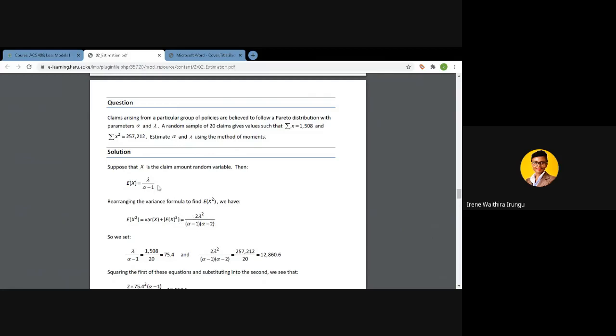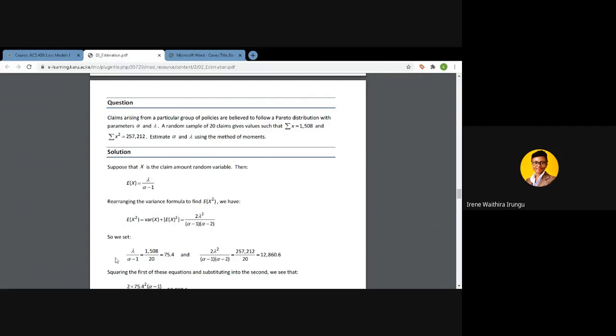So we have our first equation, which is the expected value of x, and the second equation, which is the expected value of x squared. And now we can equate the two of them to their corresponding moments. So the expected value of x is equivalent to the first moment, which in our case is the summation of x divided by the sample size, which is 20.